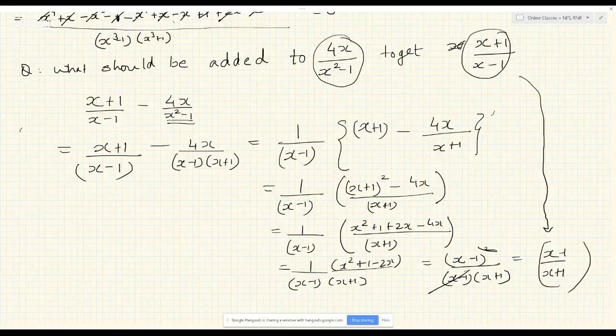Any other question, guys? Anything else? Please send your query. Otherwise, anything else you want me to discuss, please write it on the comment section.